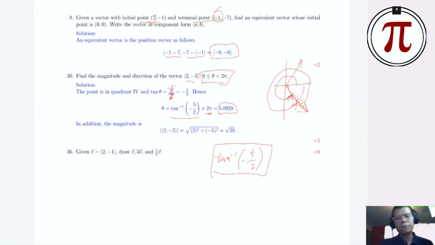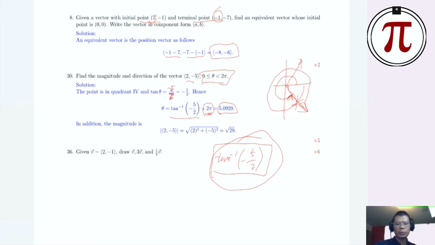But if there is no requirement that theta be greater or equal to 0 and less than 2 pi, this would be totally good, just inverse tangent of -5/2, like what we did in class. But for this one, it specifically requires 0 to 2 pi, so that's why we have to pay attention here. You get a plus 2 pi here.